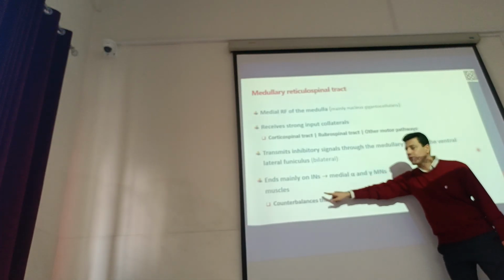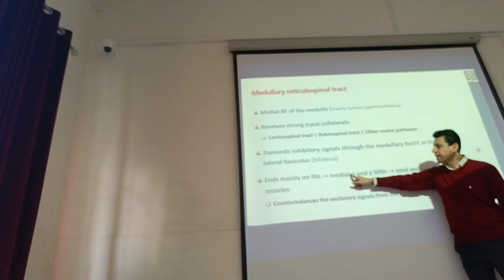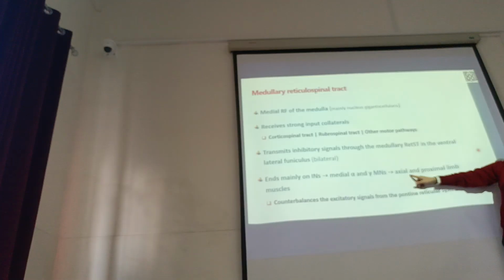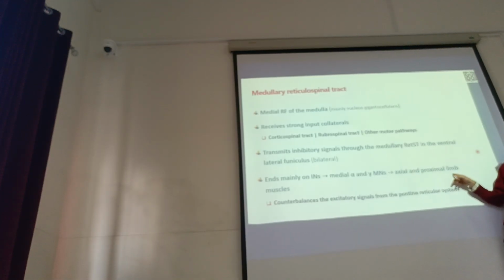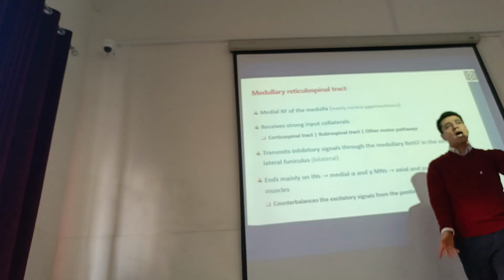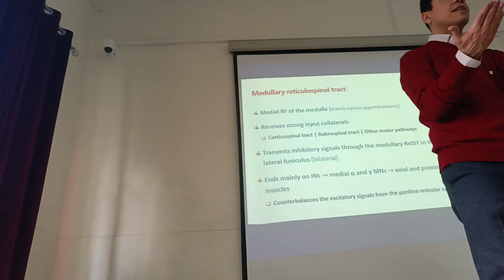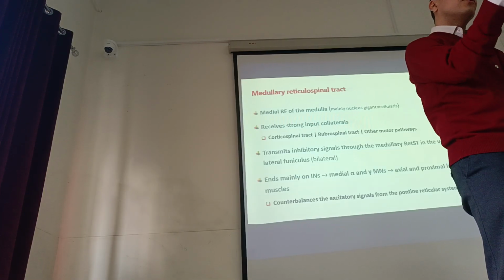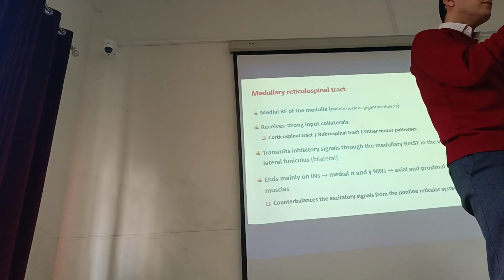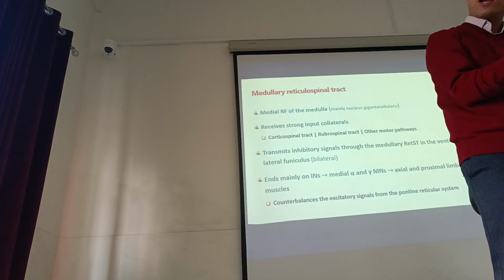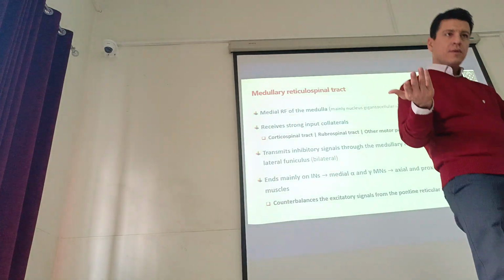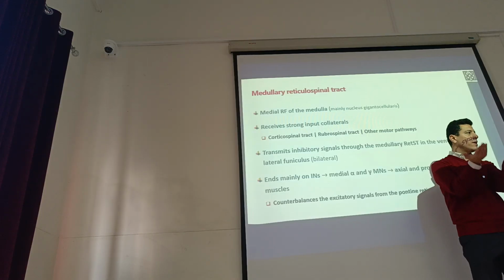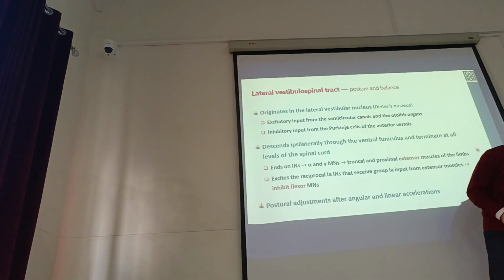They end on interneurons, inhibit medial alpha and gamma motor neurons, so they cause relaxation of axial and proximal muscles, right? So they counterbalance the activation that is made by pontine reticulospinal tract. So pontine reticulospinal tract contracts the muscle, medullary reticulospinal tract opposes this contraction, relaxes the muscles, right? So we always have balance between these two pathways, pontine and medullary reticulospinal tracts.